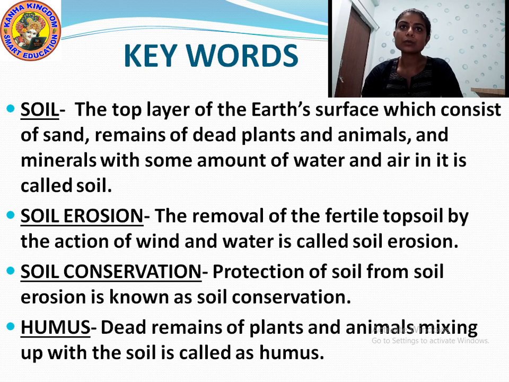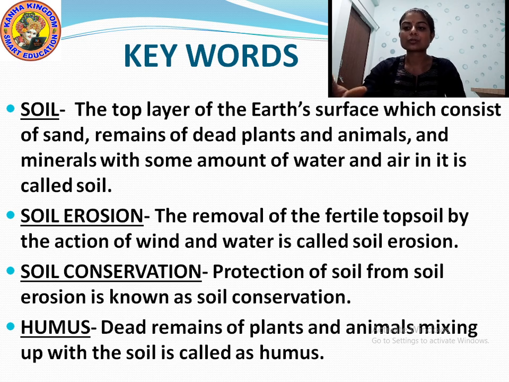Just now I told you, protecting the soil from getting eroded is known as soil conservation, and we can do it by planting more trees and bushes in the open lands. Okay, and students, we can even stop the soil erosion by building a dam in the river bank, so that the water of the rivers does not come out and take away the soil along with it.